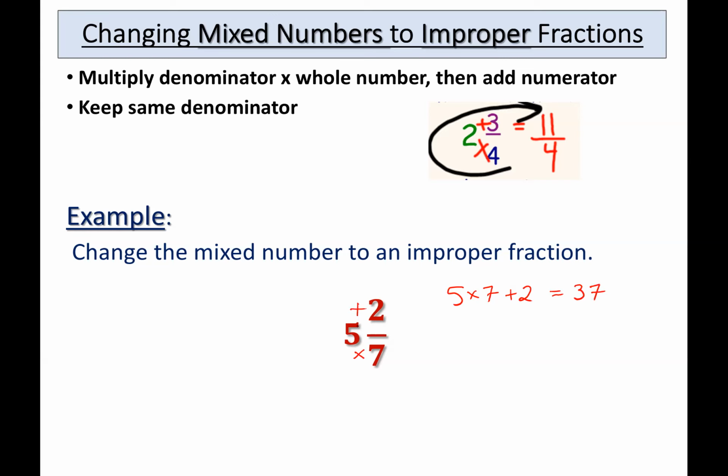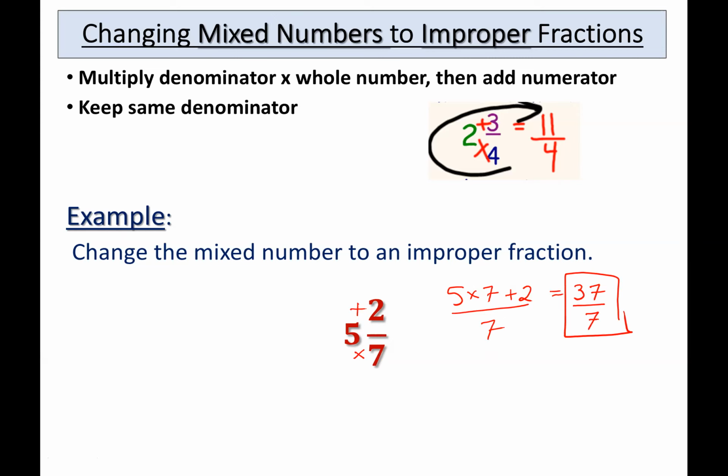So again, we multiplied the denominator times the whole number and then added the numerator. 5 times 7 is 35, plus 2 is 37. Don't forget to keep that same denominator. In this case, it's 7. So 5 2/7 gets changed to 37/7 as an improper fraction.